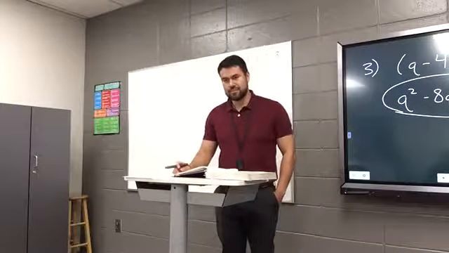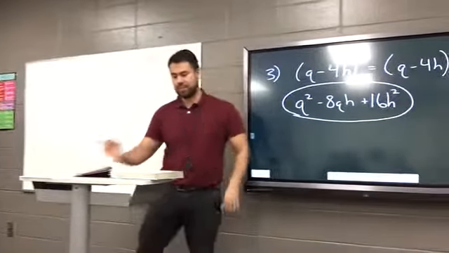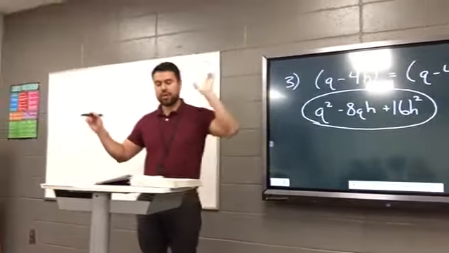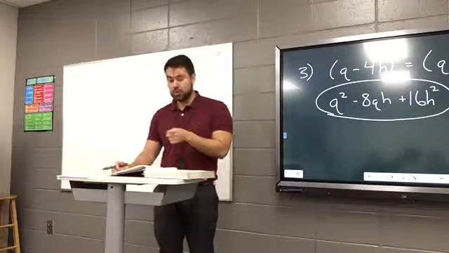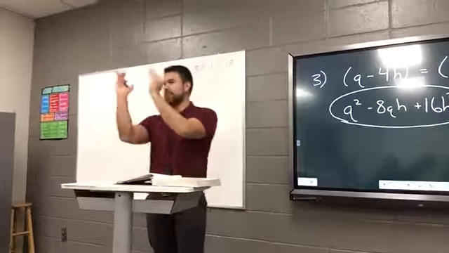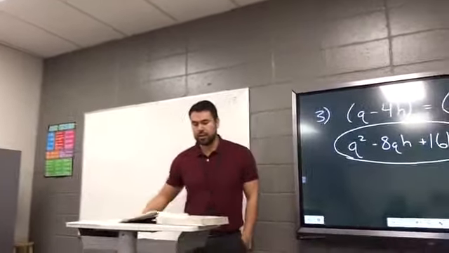Could you still work that out using FOIL? You could do t plus 7 times t plus 7. Or you could do t squared and then plus 49, 7 times 2. You could use FOIL, yes. Anytime you have two binomials multiplied together, no matter what, FOIL is going to be accurate.